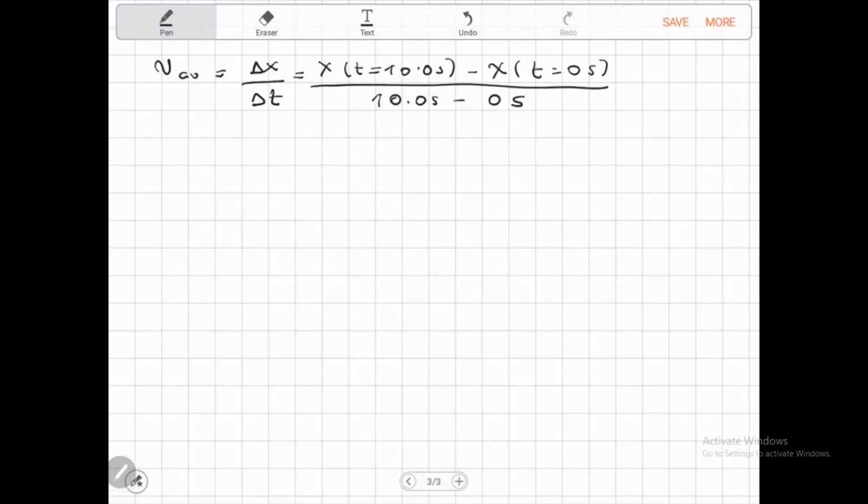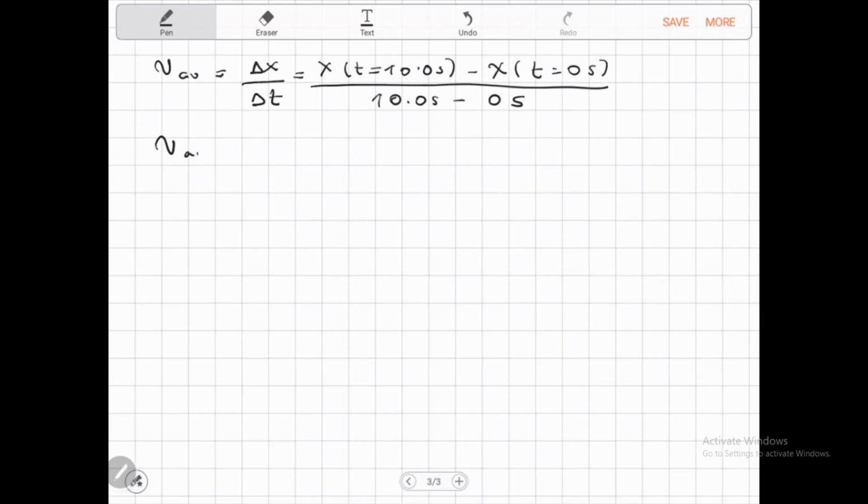This is by definition. This is nothing really new. This is the definition of average velocity: the difference between the positions, over the time that we are evaluating those positions.